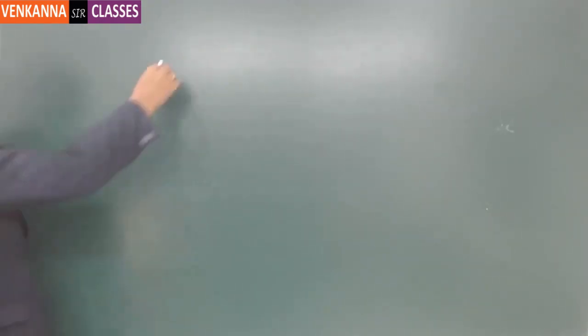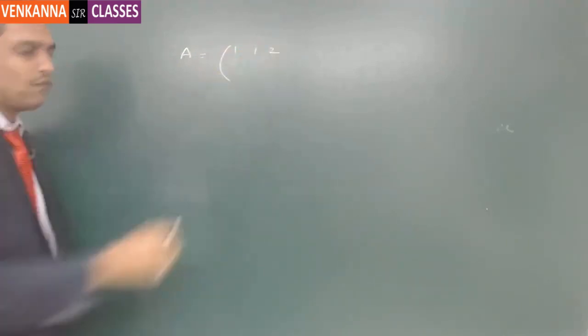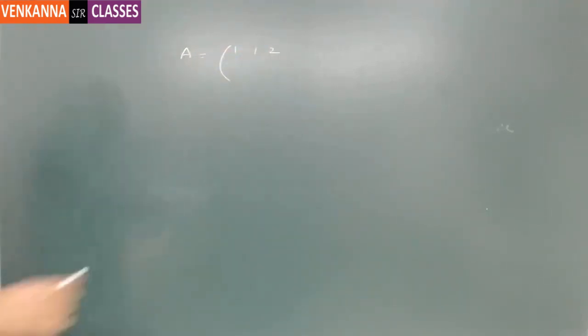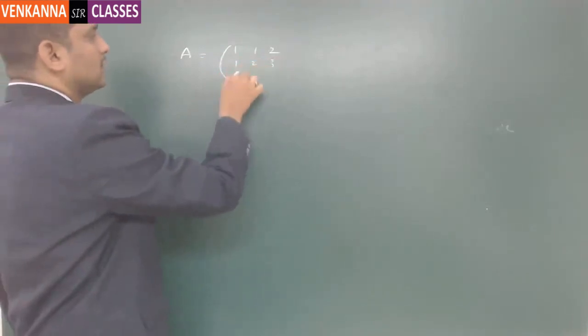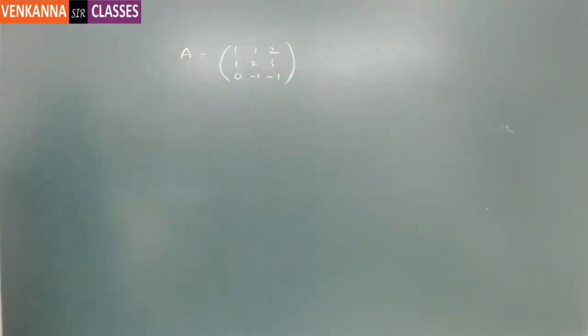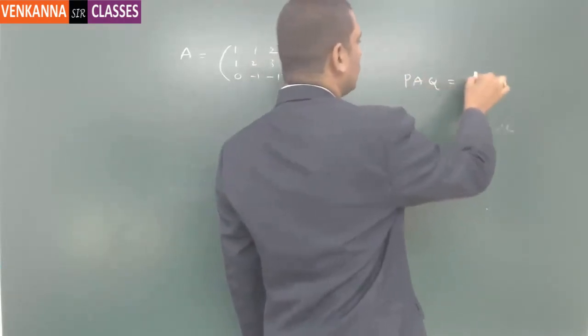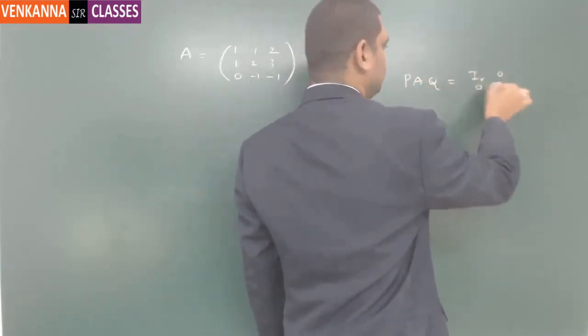So the first problem is, it was given that capital A is equal to 1, 1, 2, 1, 2, 3, 0, minus 1, minus 1. So our objective is to find two non-singular matrices P and Q such that you are going to get the normal form PAQ equal to IR00.